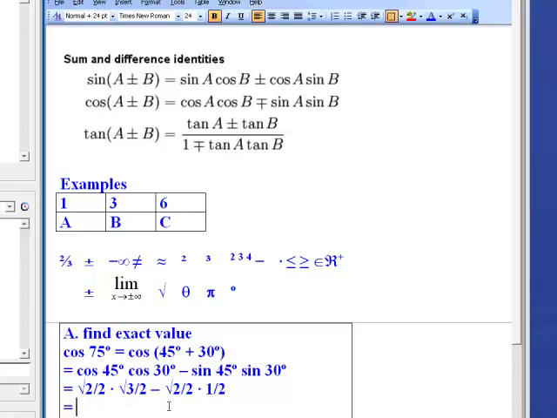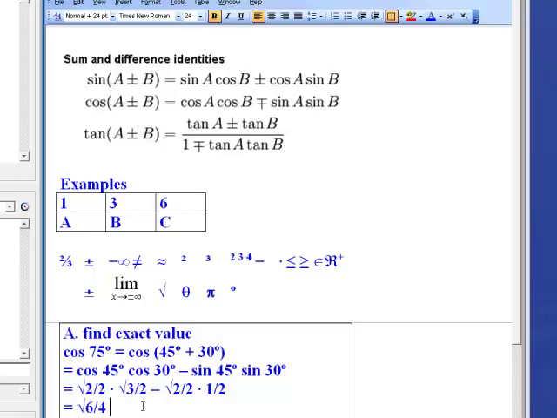Okay, let's see what we come up with here. The first one is going to be the square root of 6 over 4.